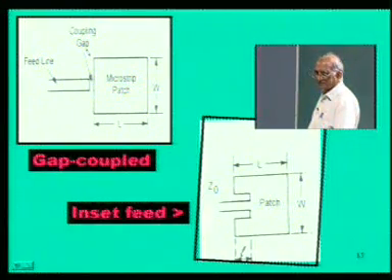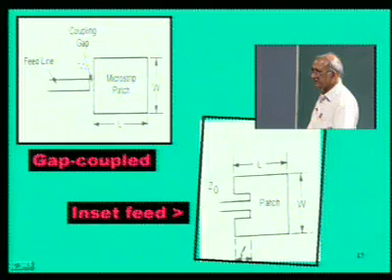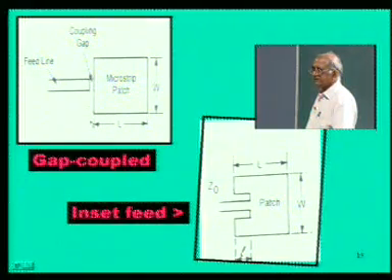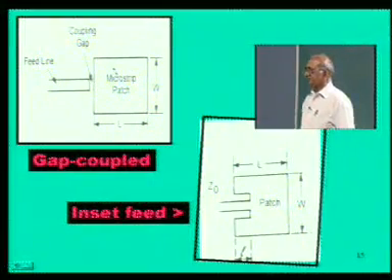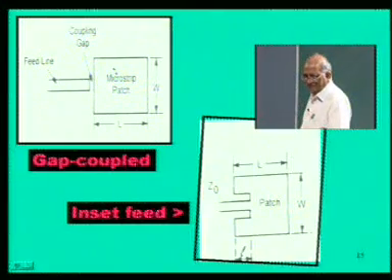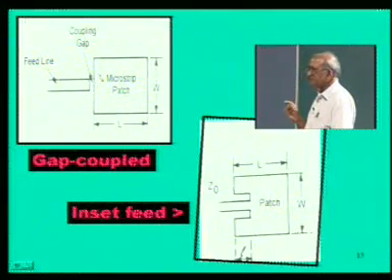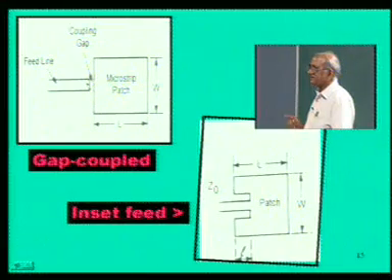You do not have to worry about what is the impedance at the feed point or what is the impedance of your feed line. But only thing is that depending upon the gap size, you may lose some power. So, normally you try to have this gap as small as possible, as narrow as possible.